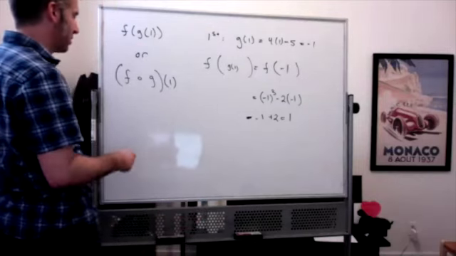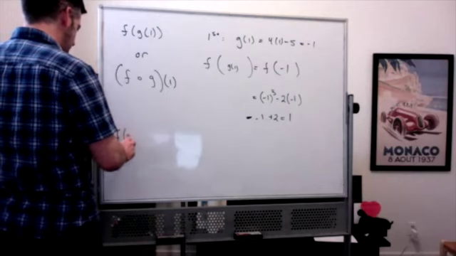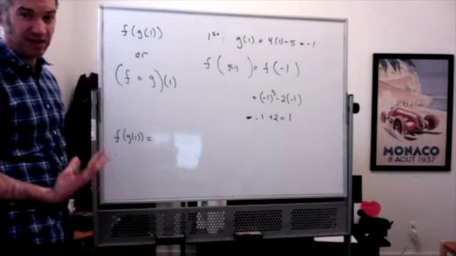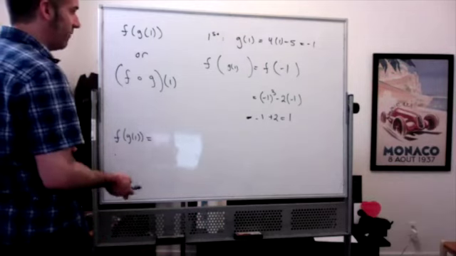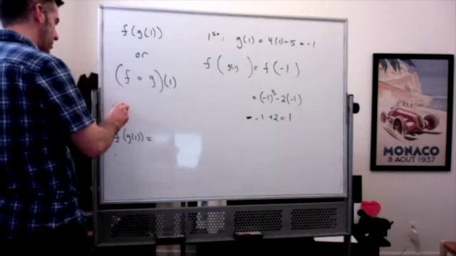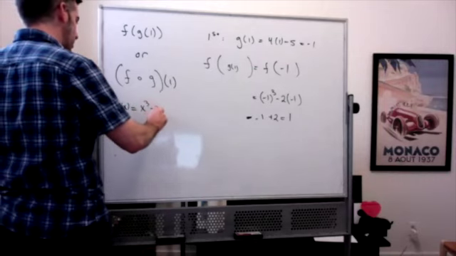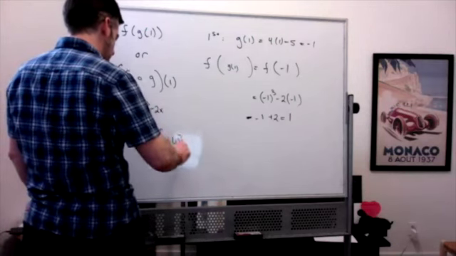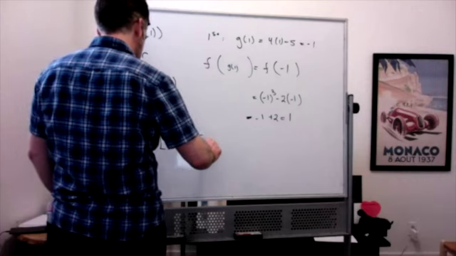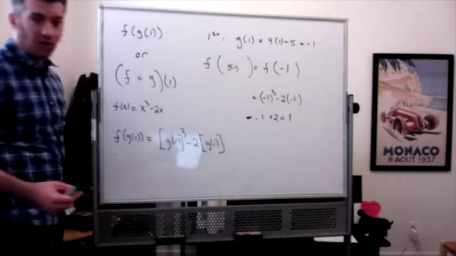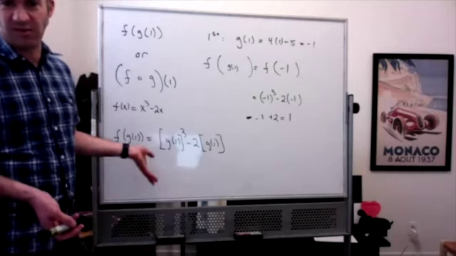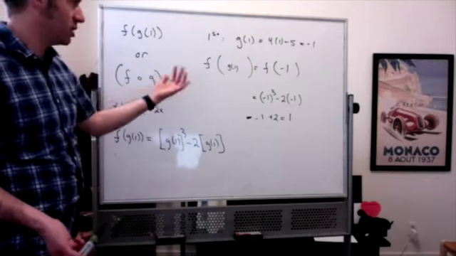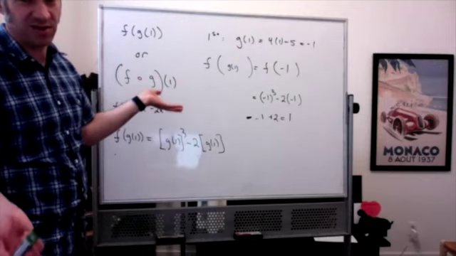I find it more confusing, but you could have said, f of x is x cubed minus 2x, so f of g of 1 is g of 1 cubed minus 2 times g of 1. That is also a valid way to approach it, but it just seems gross to me. So I probably wouldn't do it like that, although you certainly could. And then you could plug in g of 1 equal to negative 1. It's the same work, just different work.